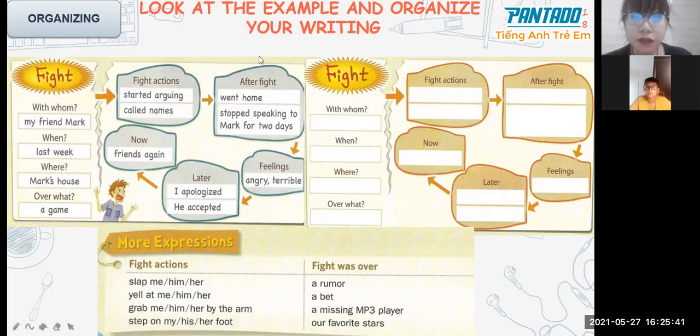And after the fight, went home and stopped speaking to Mark for a few days or for 2 days. And next one, we have the feeling. Remember, you have to include your feelings in the paragraph about the fight. Do you feel angry or do you feel sad about it? And later, what is the result after the fight?